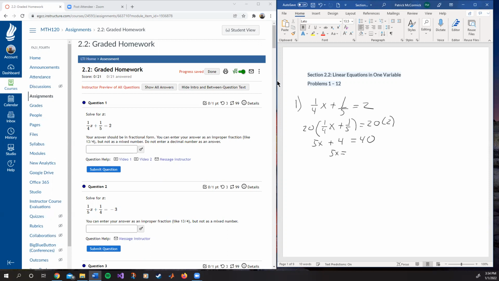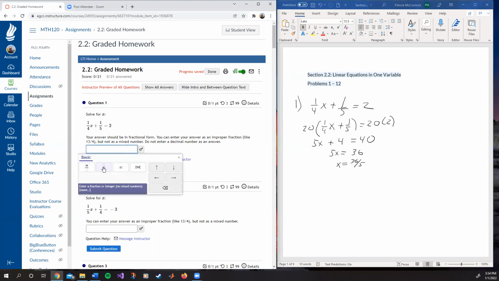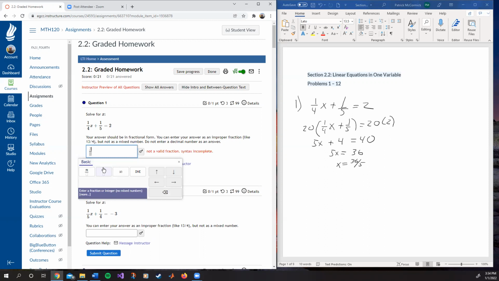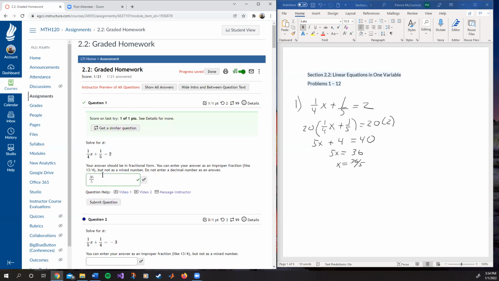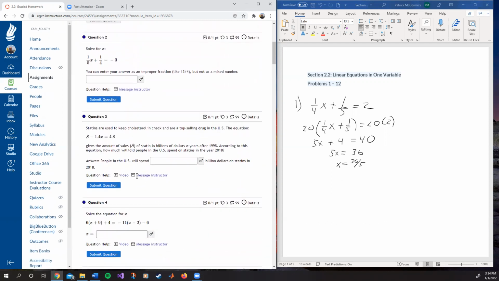So 5x equals 36, so x is equal to 36/5. Now, be careful: the problem says not a mixed number and no decimals, so be sure you use the fraction tool. So 36/5. And there we go.